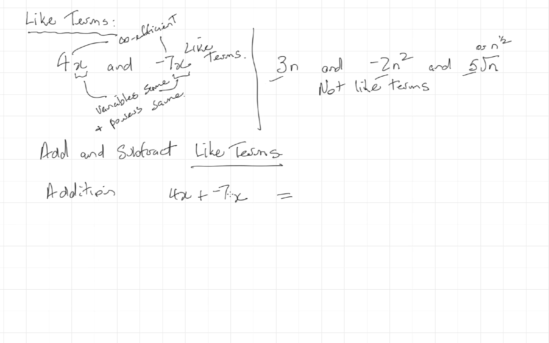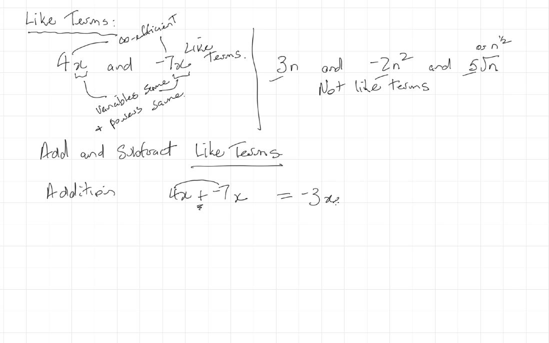Now, there is a multiply understood between the 4 and the x, but it's like you've got 4 lots of something and you take 7 lots of something. We just do the addition in this case because we're adding. With subtraction, you do the subtraction of the coefficients and just put the variable at the end. So it's 4 plus negative 7 is negative 3.